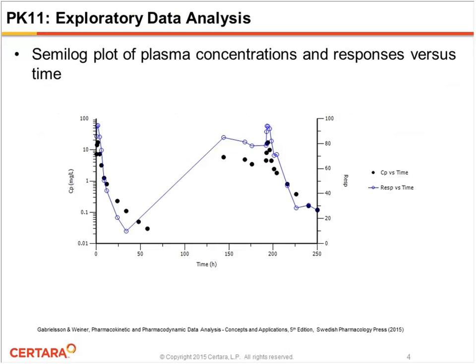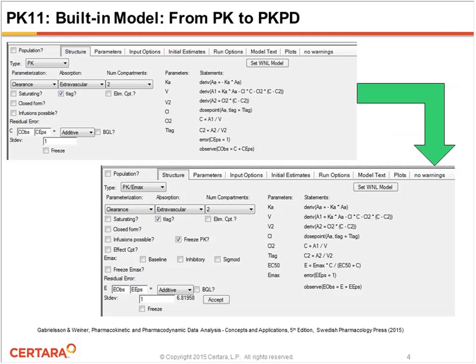And you see from a first look that the PK and PD profile have the same kind, the rise and the decline are happening at the same time, so we can assume instantaneous equilibrium between the PK and PD. So that is why for this exercise we don't need to consider any more complex PK/PD model like a PK/PD link model or something like that. So we will keep it at a very simple level.